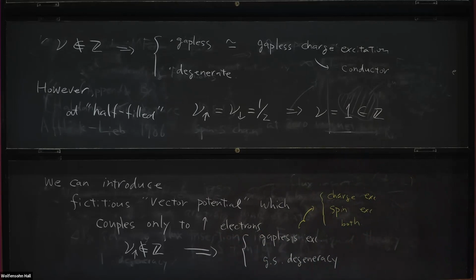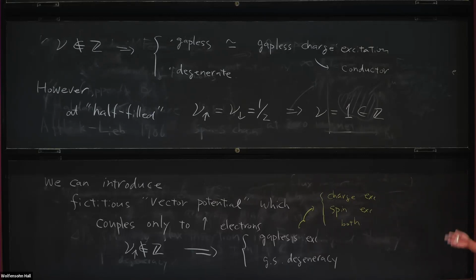And in fact, we know that in general, for the attractive Hubbard model at half filling, these electrons form singlet pairs, but a singlet pair moves freely, so they condense as bosons. So you can have a kind of superfluid state, which is conducting. In that case, you have gapless charge excitation, but no gapless spin excitation. But if the interaction is repulsive, then you can have a Mott insulator.